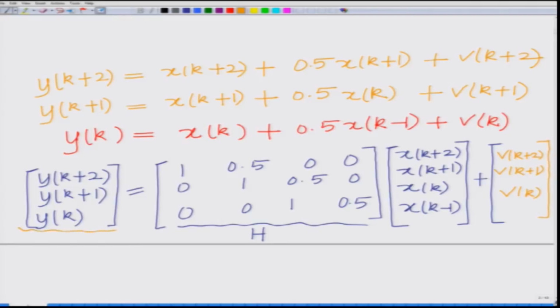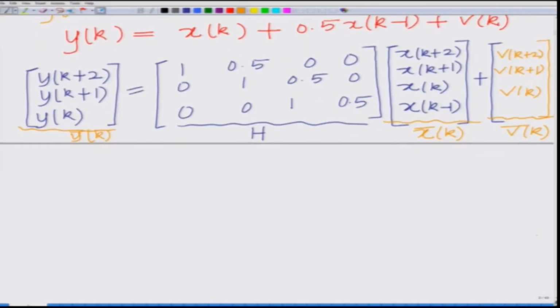And we said this is the received vector y bar of k, this is the transmitted vector x bar of k, this is the noise vector v bar of k.